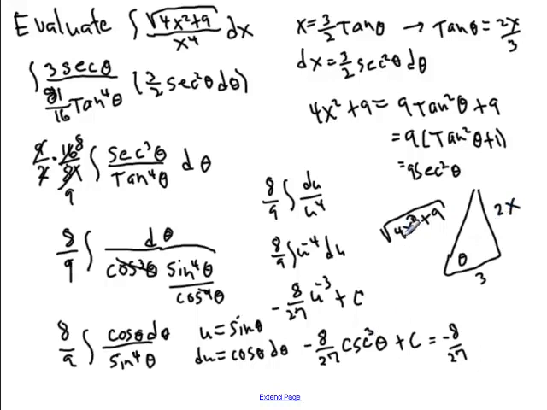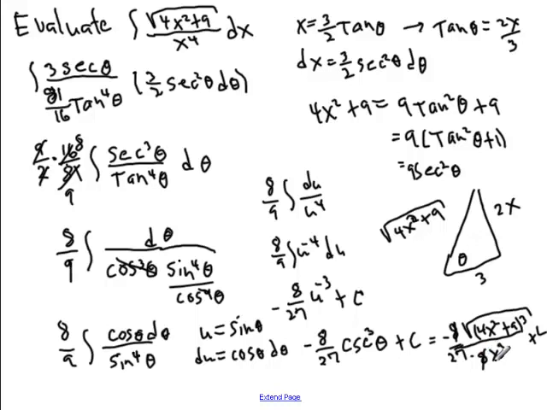So that's going to be square root of 4x squared plus 9, cubed, divided by 2x cubed, which is going to be 8x cubed, plus, of course, c.